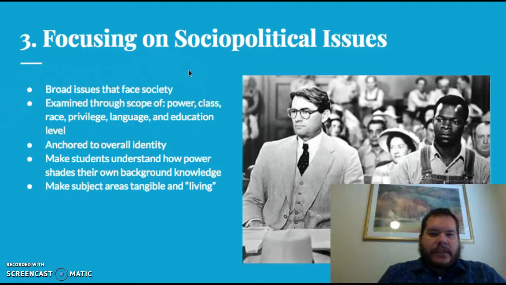So teaching your students to start looking at these issues is better used through literature. So rather than having students immediately go introspective, using a text that involves a lot of these themes, such as To Kill a Mockingbird, to analyze how the different characters function, what level of power they have, what class they're in, what race they are, if privilege is present in their life, what language they speak, and what their educational level is, can help students begin to identify these themes in their readings.